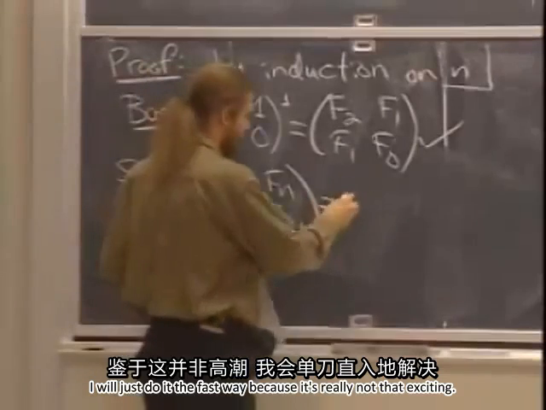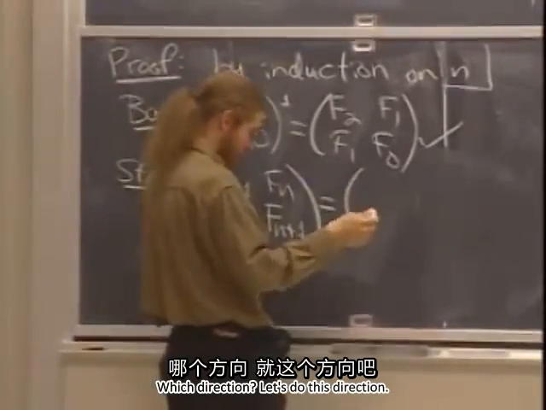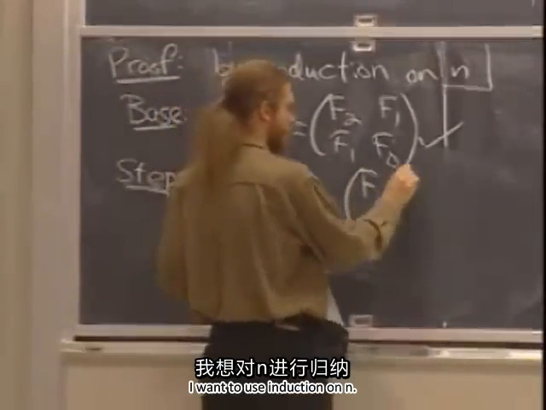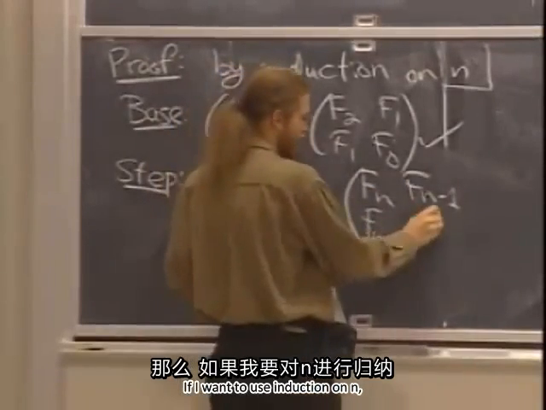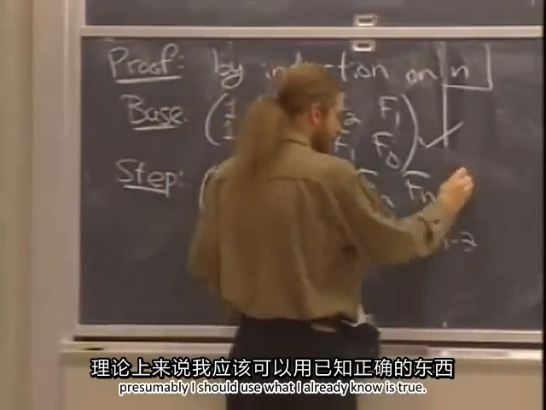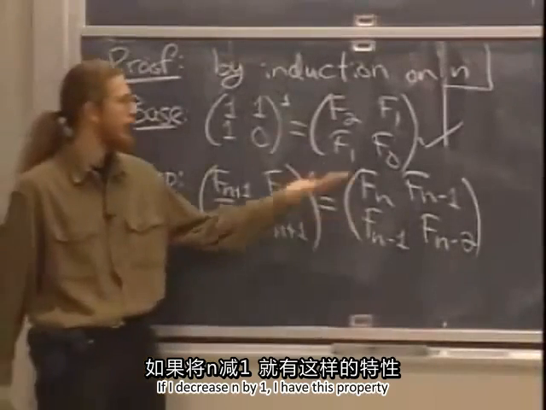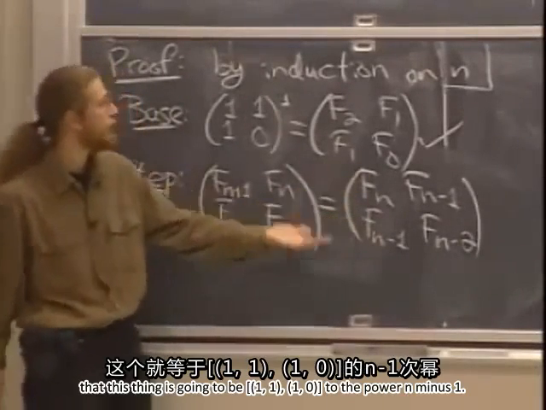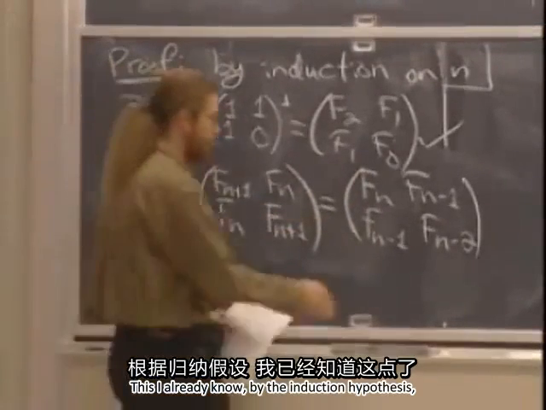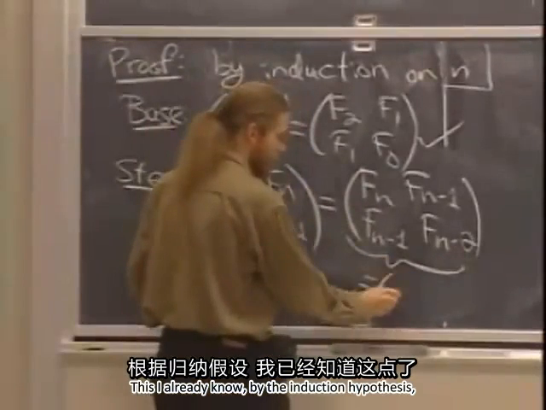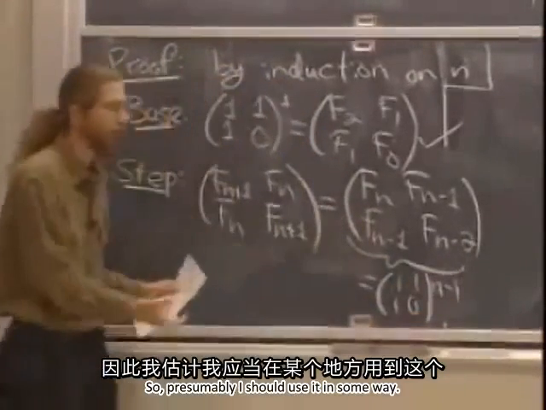I'll just do it the fast way because it's really not that exciting. Okay, I want to use induction on n. So if I want to use induction on n, presumably I should use what I already know is true. If I decrease n by 1, I have this property that this thing is going to be 1, 1, 1, 0 to the power n minus 1. So this I already know is, by the induction hypothesis, 1, 1, 1, 0 to the n minus 1. So presumably I should use it in some way.